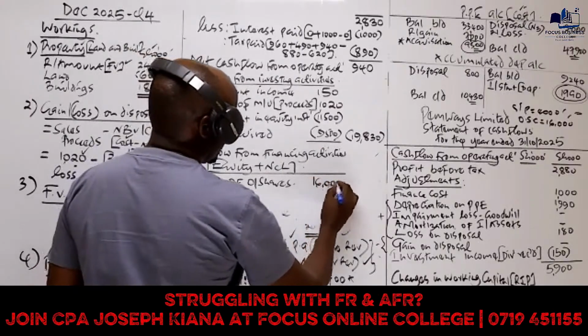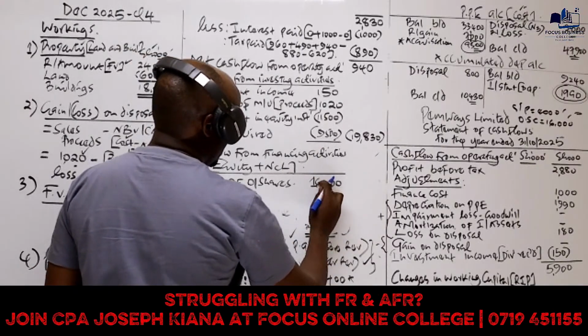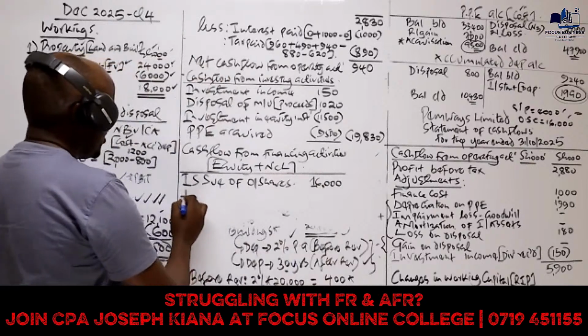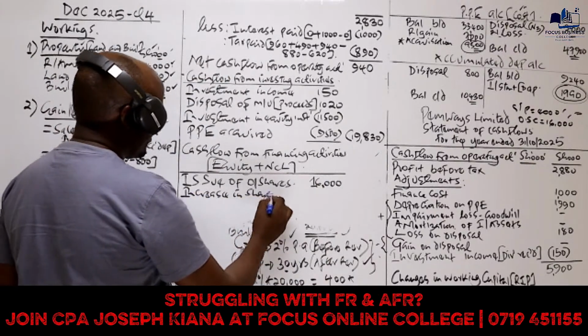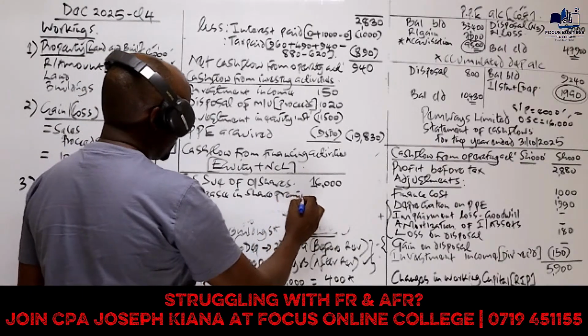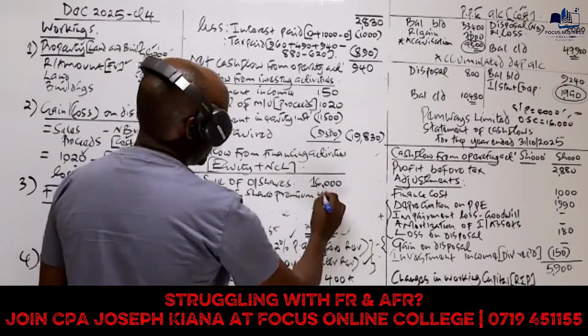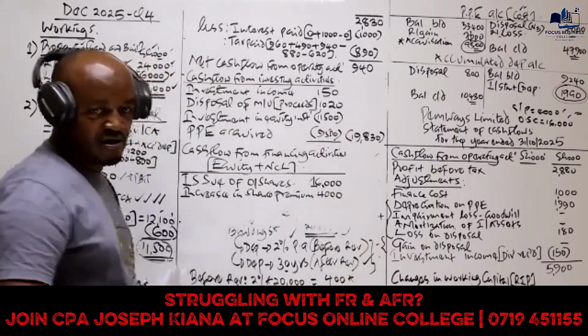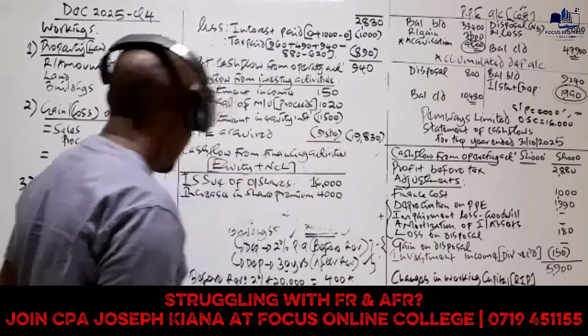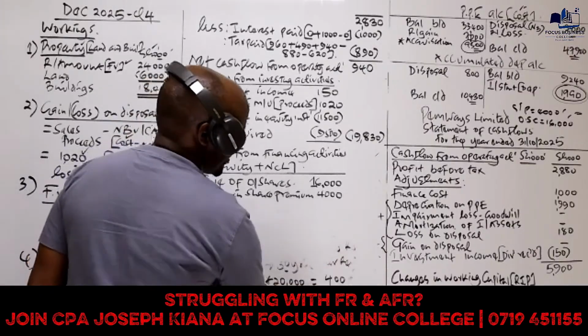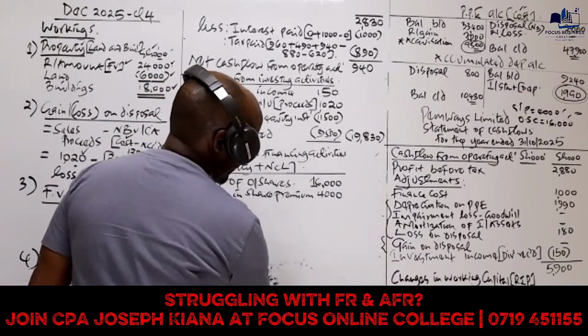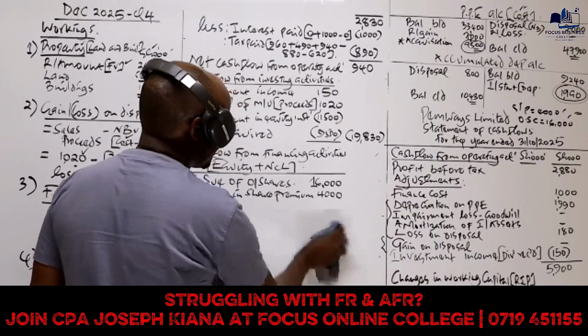Then we also consider the increase in share premium, the amount received in cash, from the share premium account, 4,000. So we have dealt with those two items.